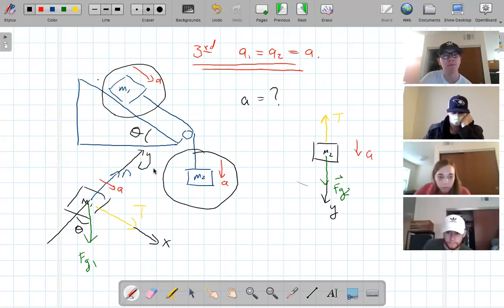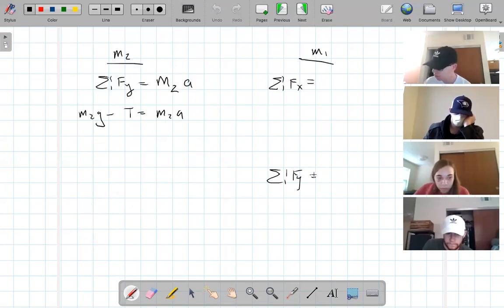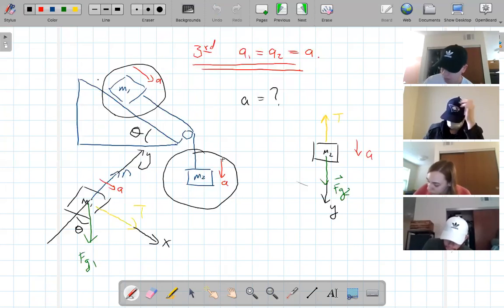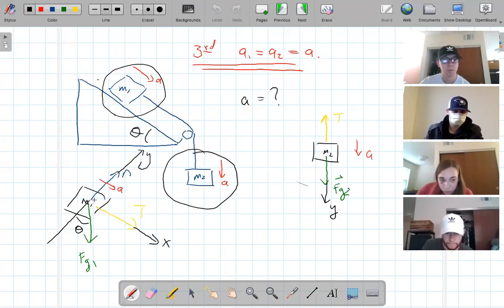Y first, good. So Ethan, is it accelerating in the Y direction? No. No, good. So in the Y direction, the sum of the forces is equal to 0. The reason for that is we chose our coordinate system so all the acceleration was in the X direction. So in the Y direction, there is no acceleration. Good. Cole, give me a force in the Y direction.